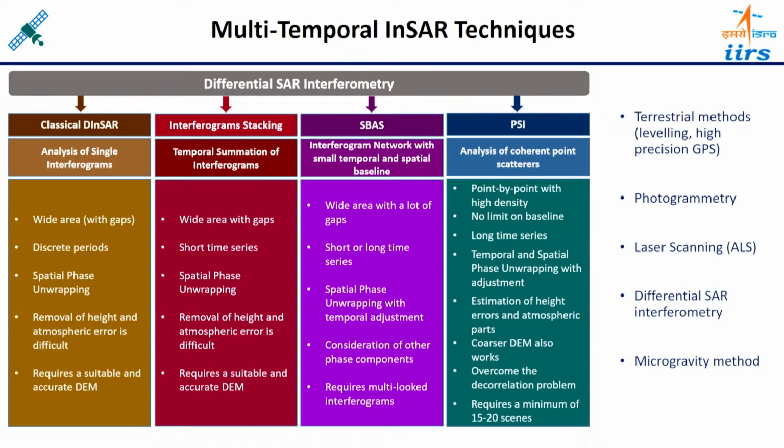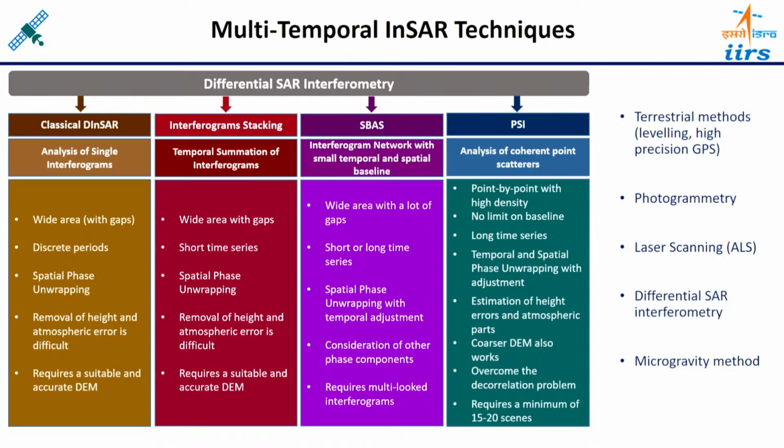But in PSI we are considering the persistent scatterer point itself. It means the phase and the coherence are very strong over those PS points, and whatever outputs are coming, those are highly accurate. Okay, but in classical InSAR only two images are combined, and if you are interested in time series analysis, such processing has to be repeated again and again.